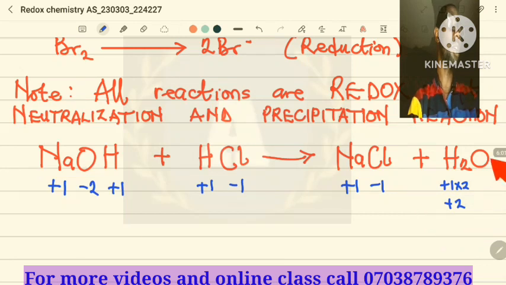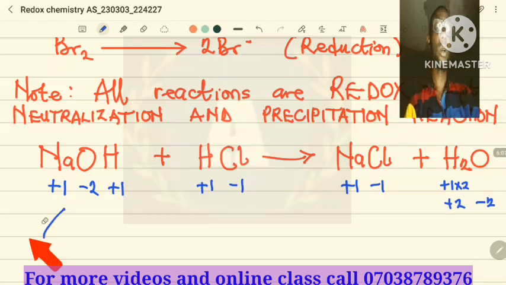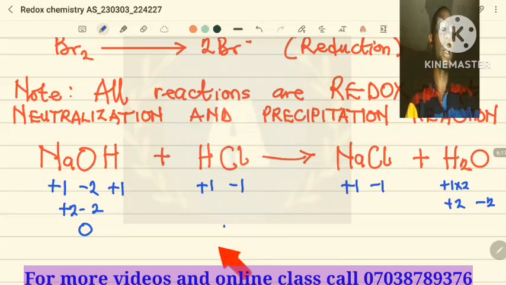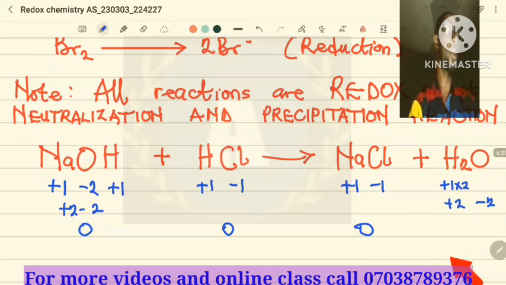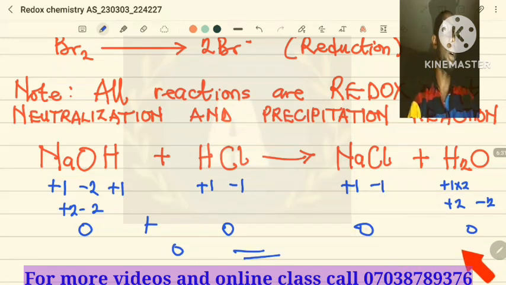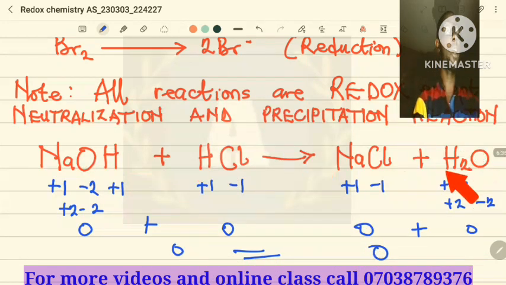Then oxygen here is -2. So +1 +1 -2 will be +2 -2, that is 0. Then here +1 -1, that is 0. And +1 +2 -2, 0. So 0 plus 0 is 0, equal to 0 plus 0, 0. So there is no gain or loss of electron in this reaction. Why? Because it's a neutralization reaction.